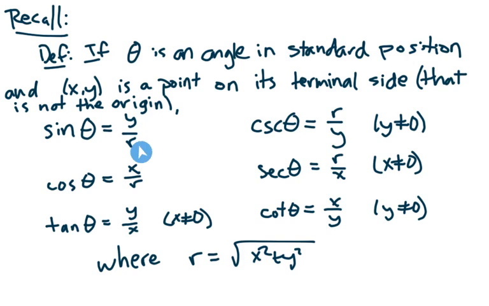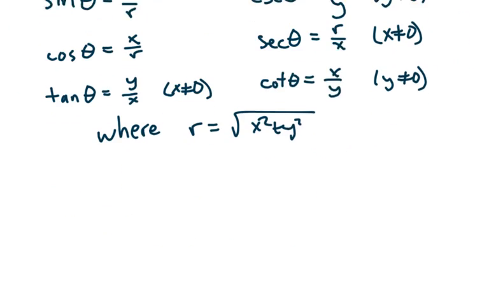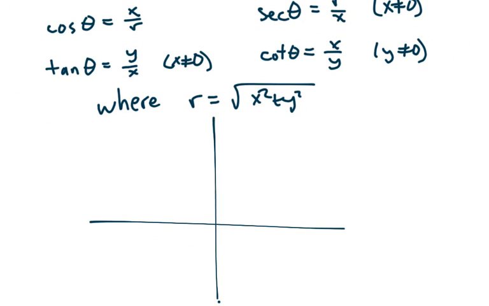Sine of theta is y over r, cosine is x over r, tangent is y over x, in which case you need to make sure x isn't 0, where r was defined to be the distance from the point to the origin. So the picture that goes along with this definition looks like this. You've got an angle with an initial side on the positive x-axis, a vertex at 0, and a terminal side somewhere.